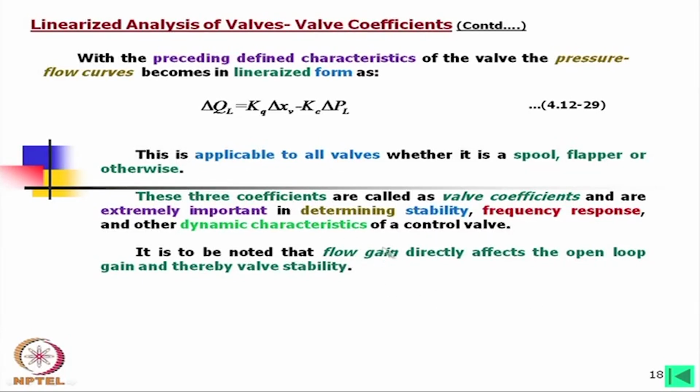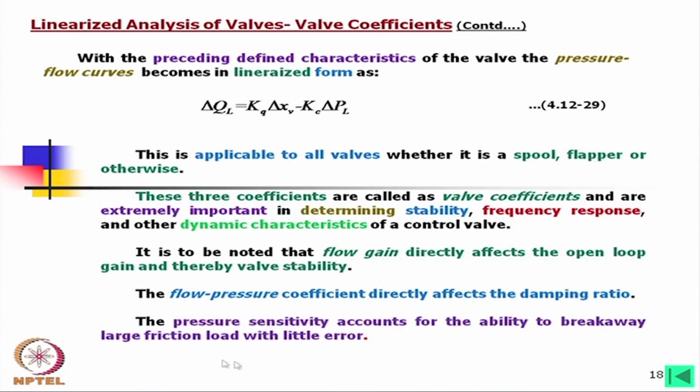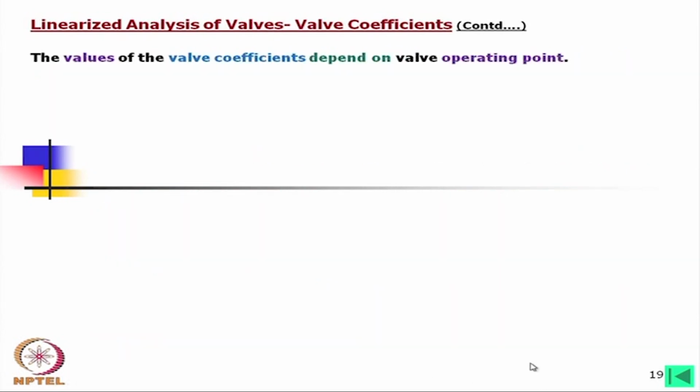That means, flow gain is directly controlling the stability of the valve, whereas the flow pressure coefficient directly affects the damping ratio. The pressure sensitivity accounts for the ability to break away large frictional load with little error. So, we shall look into all these values while we are selecting a valve.